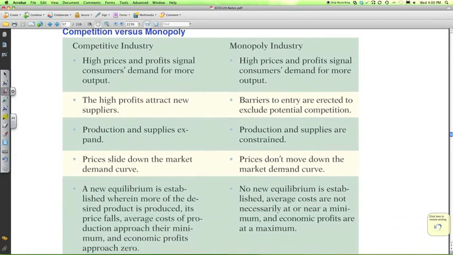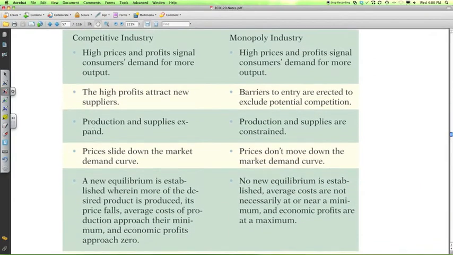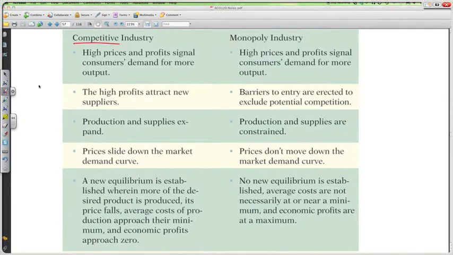So to start comparing the outcomes between our competitive industry and our monopoly, we start off where we have high prices and profits. So mainly we have economic profits within this market. So when we're in a competitive industry and we have economic profits, that means we'll get new suppliers. So we'll have an increase in the supply curve.